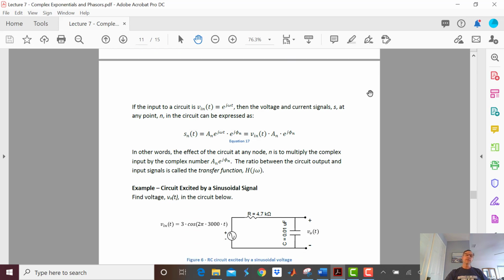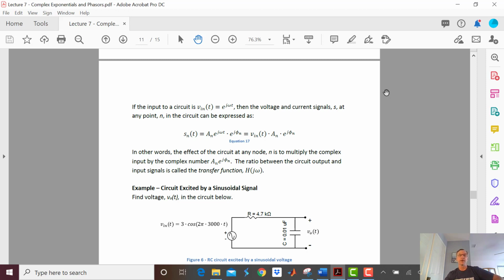Now, if the input to a circuit is Vin of t equals e to the j omega t, then the voltage and current signals at any point in the circuit, you got a circuit, just throw a dart at it, any point, Sn of t, the signal at whatever that node is, is equal to the amplitude at that node times e to the j omega t times e to the j phi sub n.